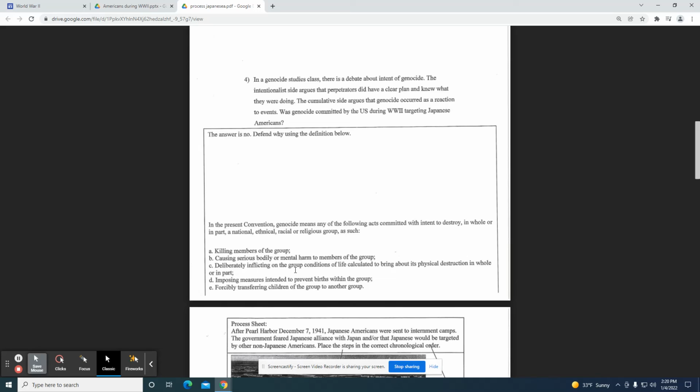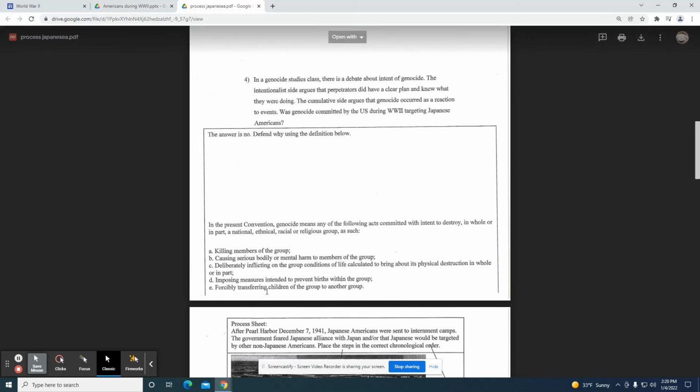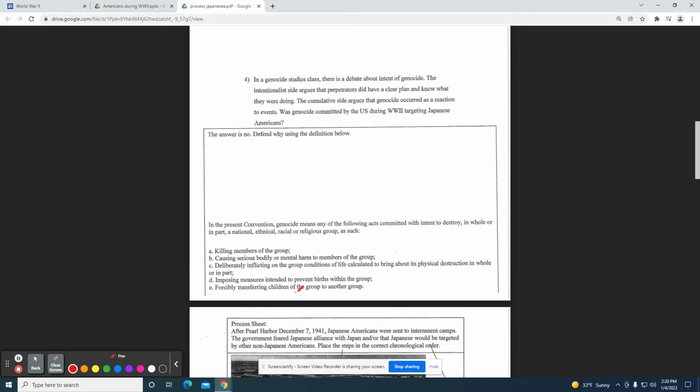Did we inflict on the group conditions of life calculated to bring about its destruction? No. Did we impose measures intended to prevent births within the group? No. And did we transfer children? So this means, did we assimilate? Did we take Japanese American citizens and assimilate them and make them Americans? Well, that would just be bizarre because they're Japanese American citizens.